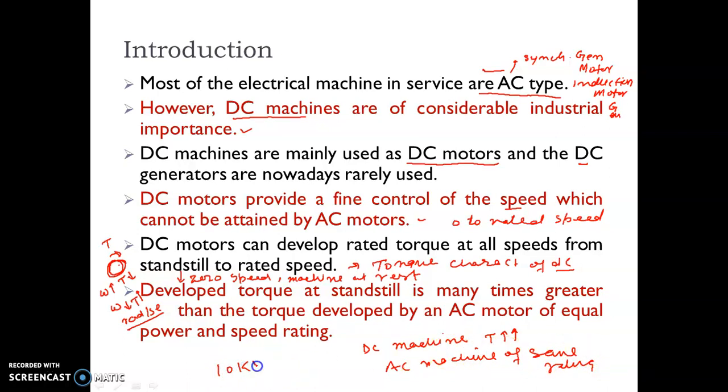If one is a 10 kilowatt DC machine and the other a 10 kilowatt AC machine, the DC machine develops very high torque at zero speed. That is why it is used in railway traction, where the speed is very low. At the railway station the load is very high, so we need very high torque. That is why this machine is used in traction.